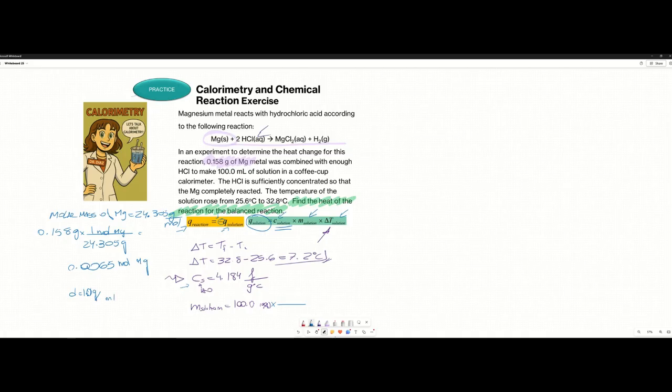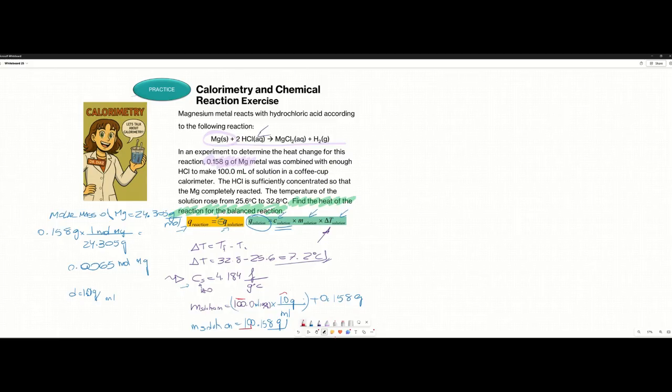So I know that I have 100 milliliters times 1.0 grams per milliliter. And now I'm gonna add the 0.158 grams, which is the magnesium. So the mass of the solution will be 100.158 grams. And we know that we have two significant figures because we have 2 over here and 3 over here, right?